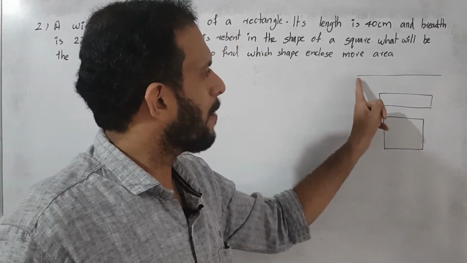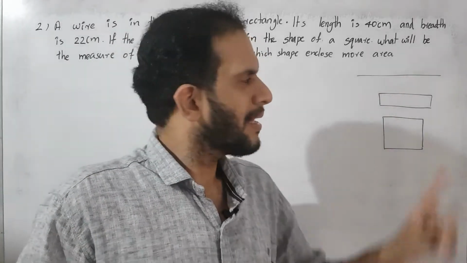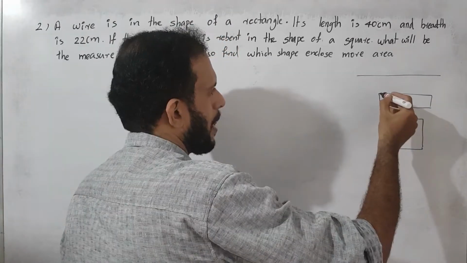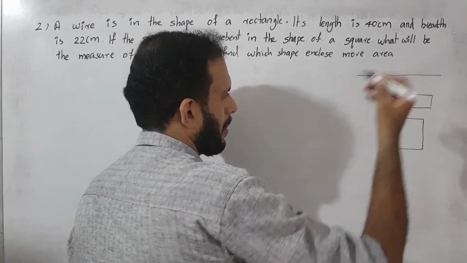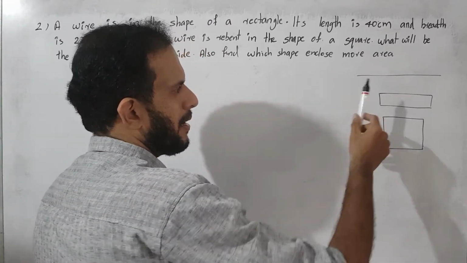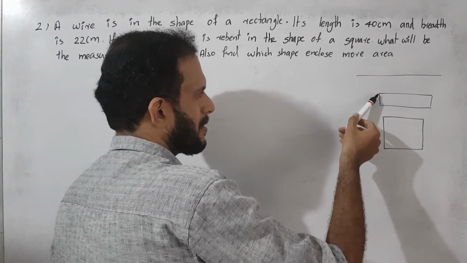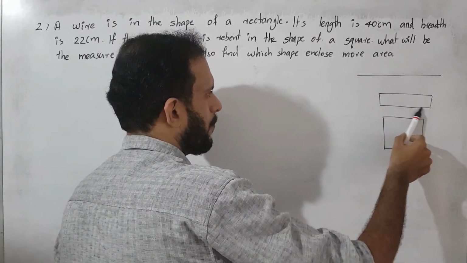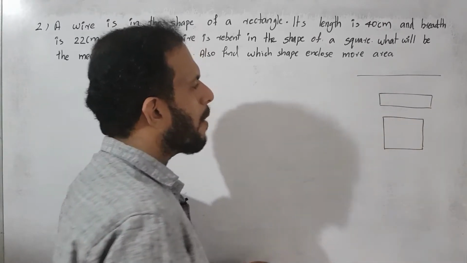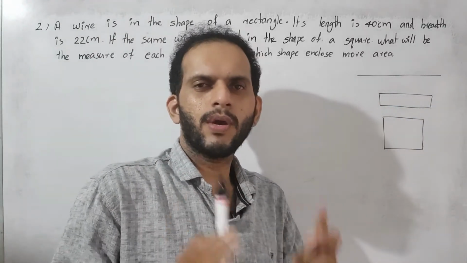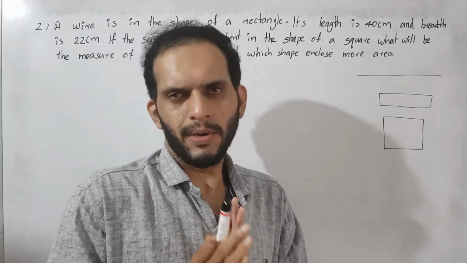The length of the wire is equal to what? Yes, the sum of the boundaries of this rectangle, correct? The length of the wire is equal to the sum of the measurements of these four sides, which we call the perimeter.